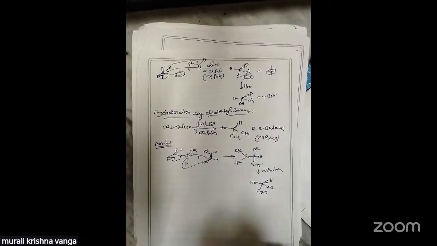So more than 98% enantiomeric excess is formed.